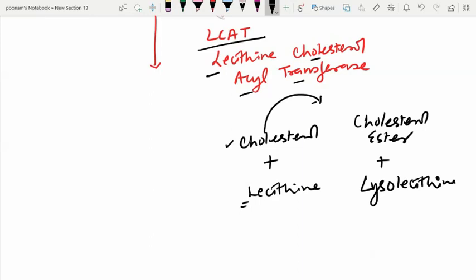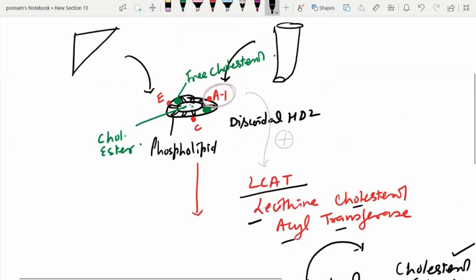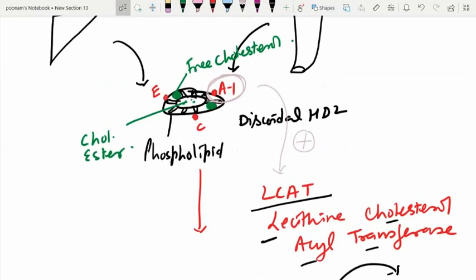This action takes place in the shell of the HDL particle, where one of the free cholesterols is converted to cholesterol ester by addition of the fatty acid to the third hydroxyl, and this cholesterol ester, because it is non-polar, moves into the core section. So once LCAT is acting, one of the peripheral cholesterols is modified to cholesterol ester which moves into the core.